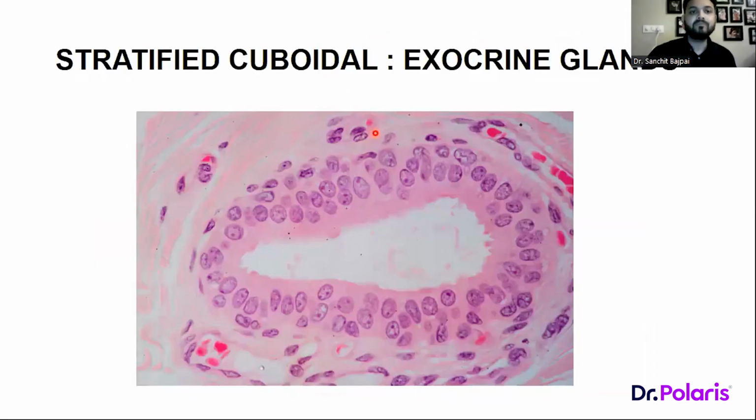Fine. Now we move on to the next category, that is stratified. Where do you find stratified cuboidal or columnar epithelium? So this will finish off stratified after this. Stratified cuboidal or columnar epithelium is seen in exocrine glands. What do you mean by exocrine? Exocrine glands means that they make something and they secrete it out, right? Just as your sweat glands, they secrete sweat. Just as your pancreas, they secrete certain enzymes, right?